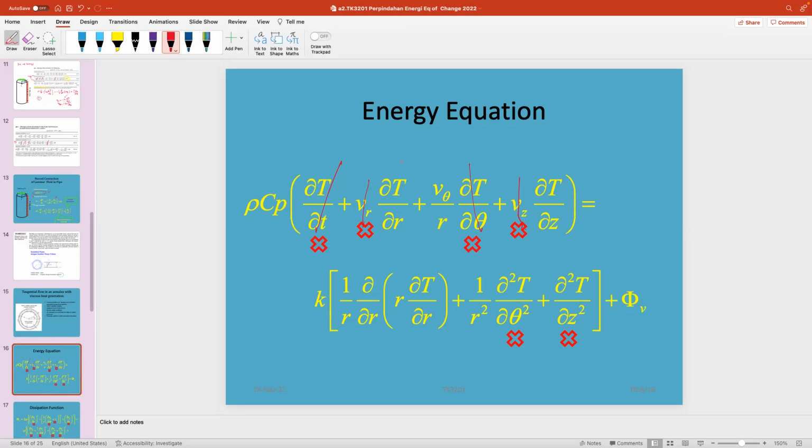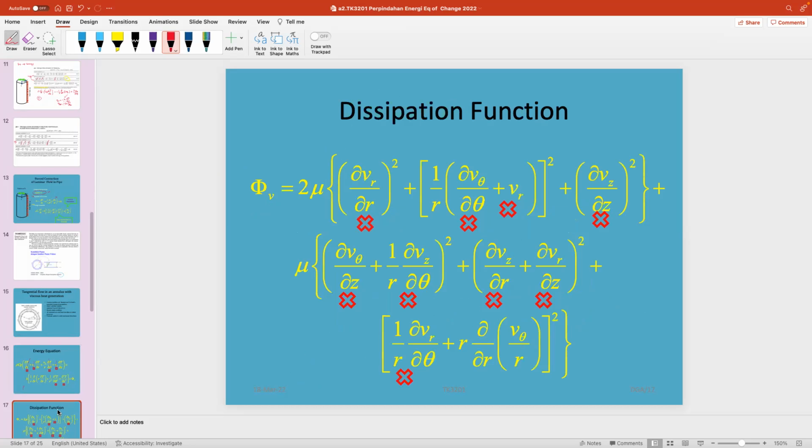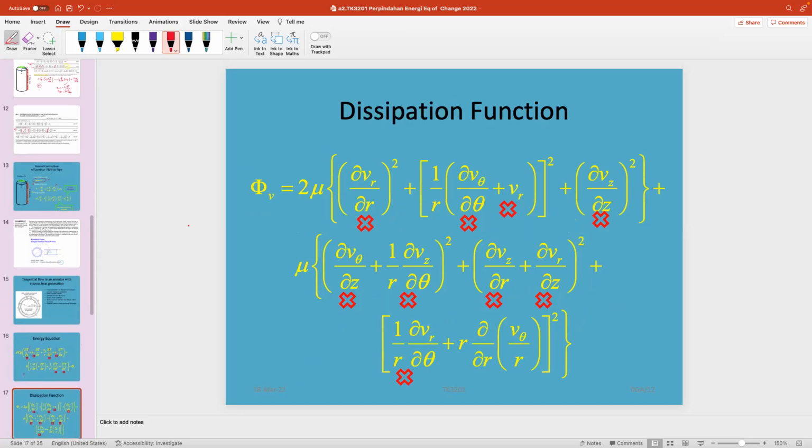That's going to be the energy equation, where it ends up with everything equal to 0 over here and becomes that one. And then for the dissipation function, if you want to check, there's some dissipation around here.